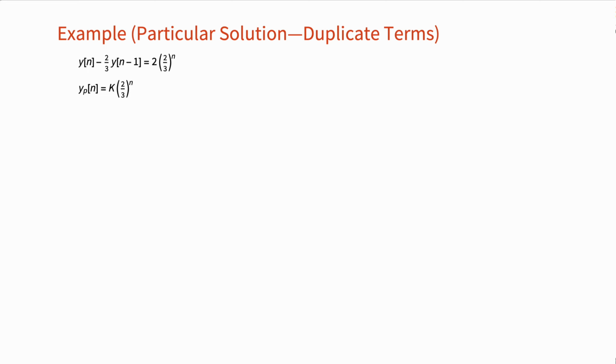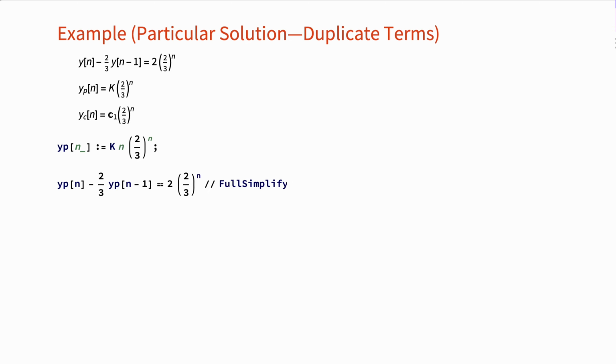We previously found the complementary solution to this difference equation as shown here. And as you can see, we have duplicate solutions. So we rewrite the particular solution as n times the exponential term. Letting this function satisfy the equation, we find the value of k, and the particular solution will then be as shown here.